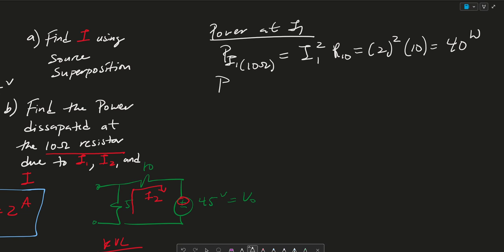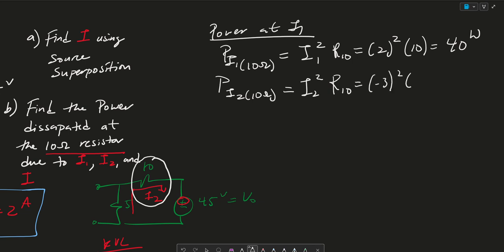And PI2 over the 10 ohm resistor: I2 squared times R10, which is equal to negative 3 squared times 10, is equal to 90 watts.